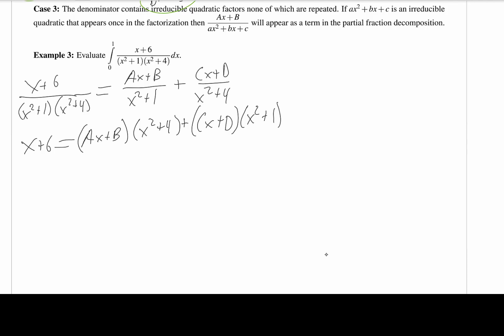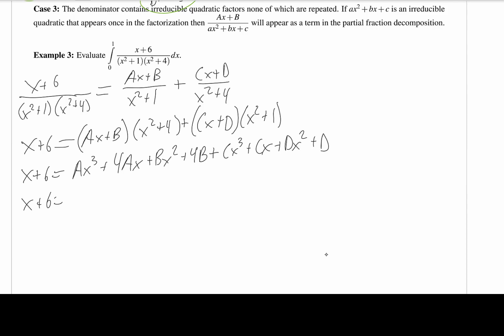Here we actually need to distribute, so we'll get x plus 6 is equal to, when I FOIL this out, ax cubed plus 4ax plus bx squared plus 4b plus cx cubed plus cx plus dx squared plus d.